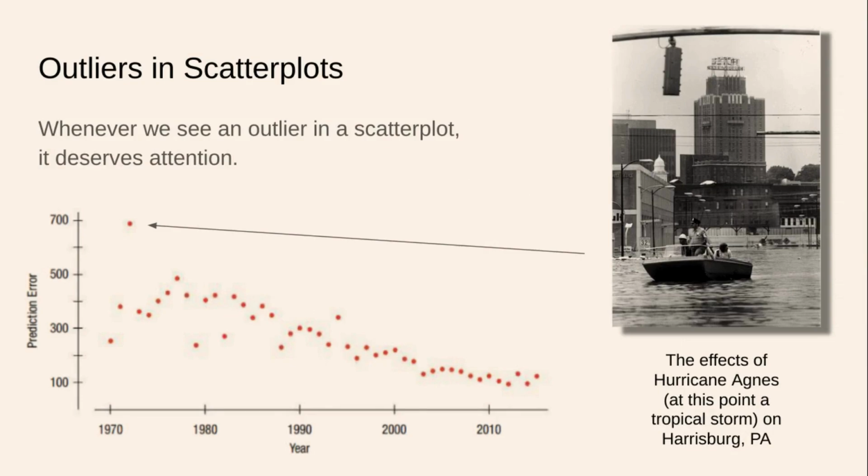Now let's talk about outliers in scatterplots. When we see an outlier in a scatterplot, it deserves attention for one of two reasons. One, it could be a typo. Someone could have put a wrong value in the data set. It could also be a really extraordinary instance.